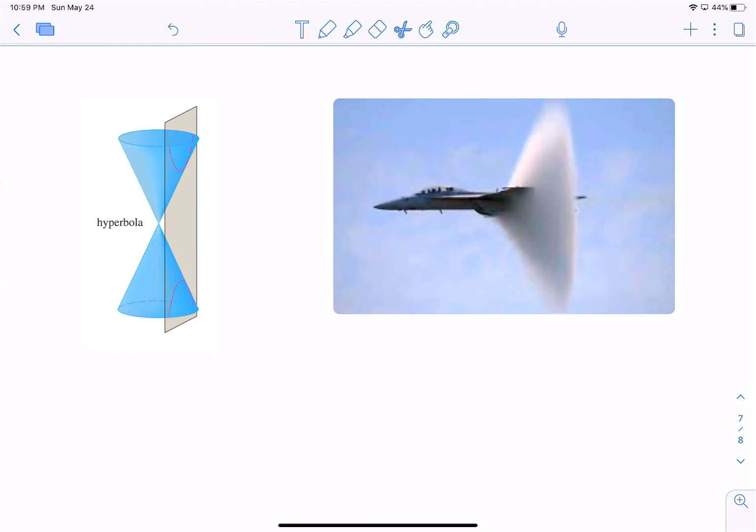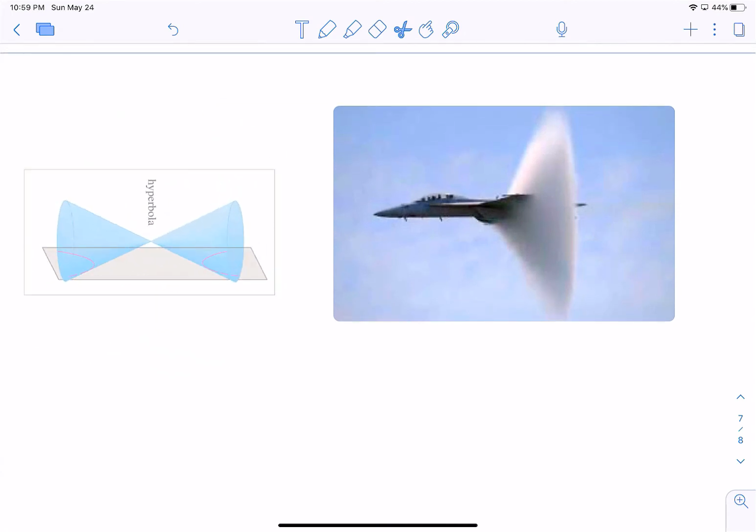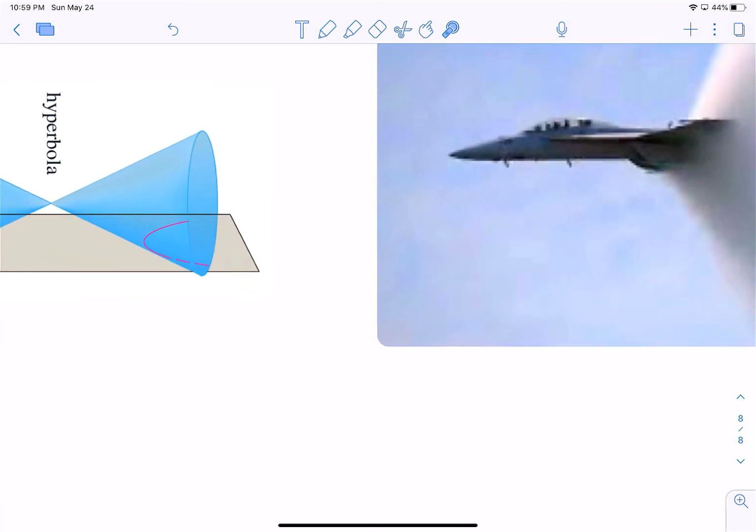So if we would take this picture of the hyperbola and rotate it, then essentially this part of the cone is this sound wave here, this disturbance that the jet is causing. And this curve would be essentially the ground. So you've got a cone that's intersected by the ground. And the way it works is everybody who's standing along that hyperbolic curve will hear the sonic boom at the same time.